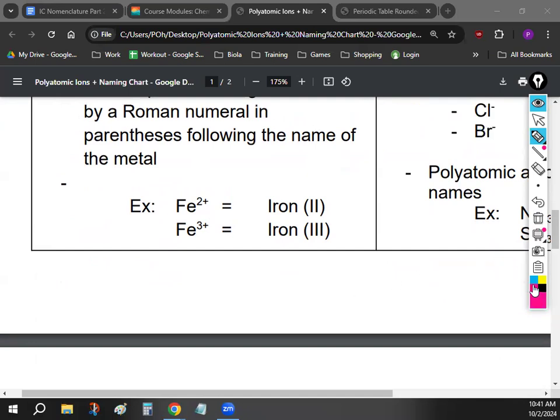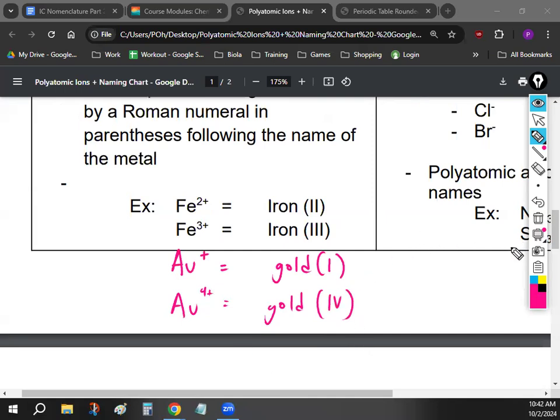That's correct. So let's say, for example, you have gold, which is Au, and let's say it's +1. Then you would write gold, parentheses, and then 1. Okay. If you have something like gold +4, you would write gold, and then you would write IV for that. Okay. Yes. Yeah, I'm going to write the Roman numerals for you right here.